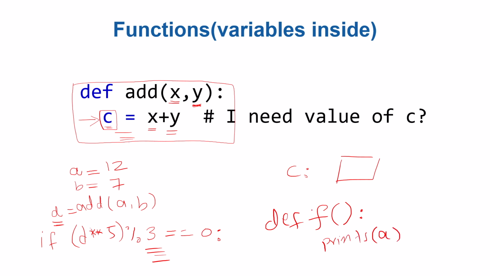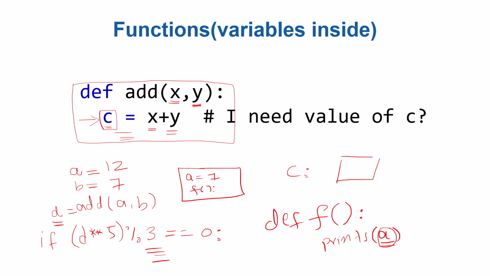Now this a variable is no longer in f, not even defined in f. But as long as this a variable is defined before calling f, for example, in the cell where we are writing the code, we say a is equal to 7, and then we just call f. Because a was available before calling f, a is accessible here.